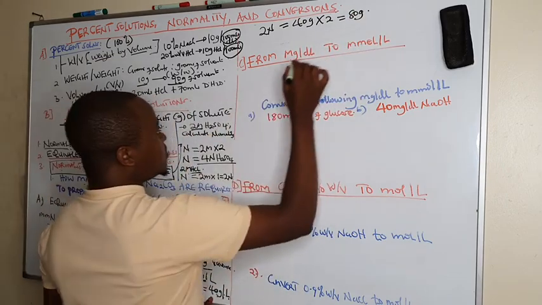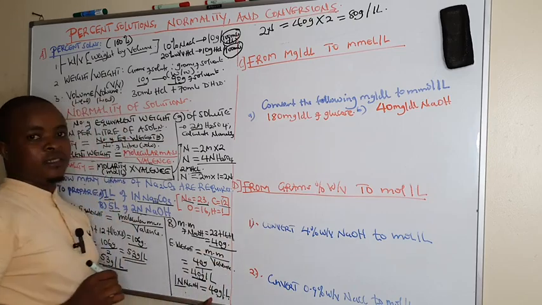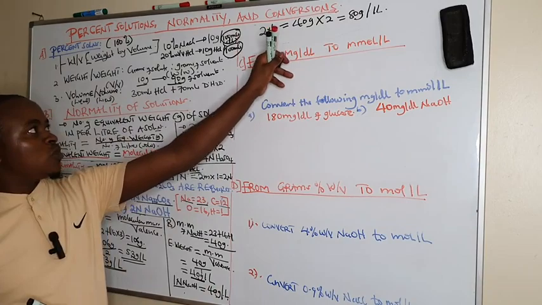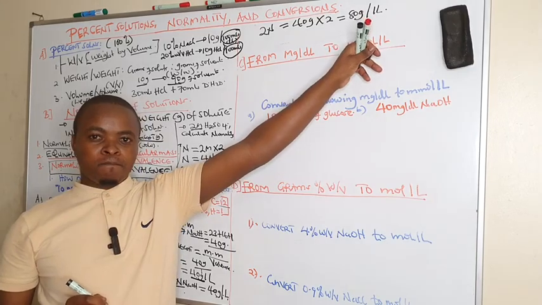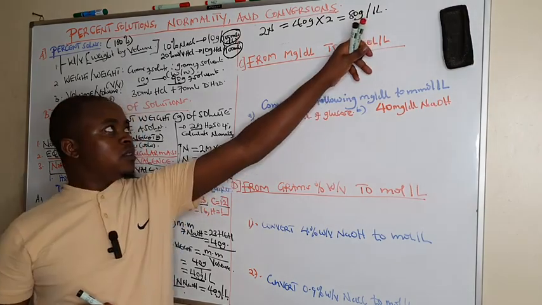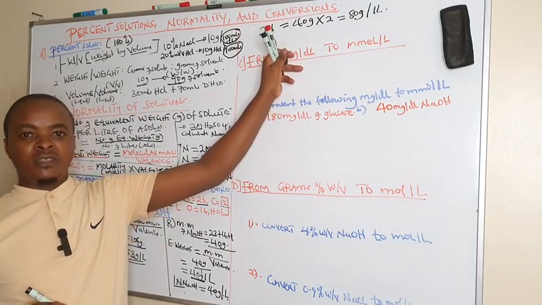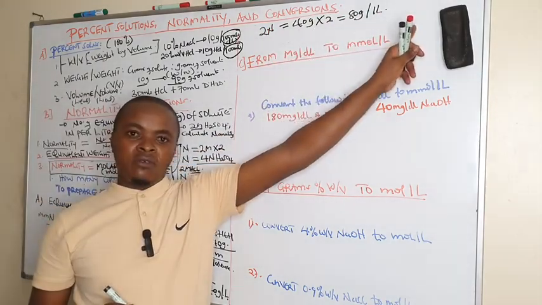And these 80 grams are still in 1 liter of the solution. So to prepare 2 normal sodium hydroxide, we need 80 grams, which is dissolved in 1 liter.